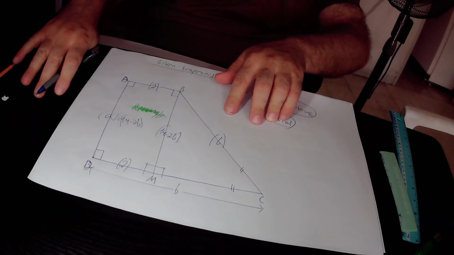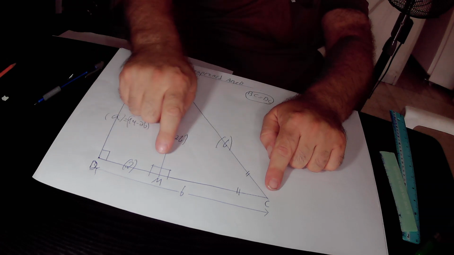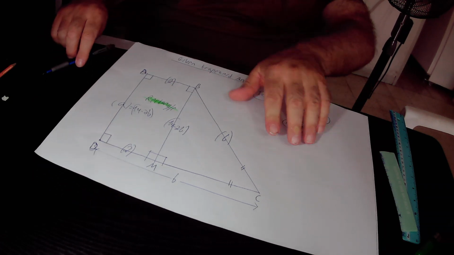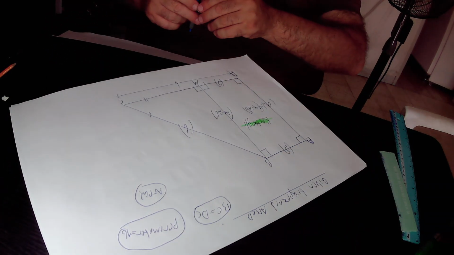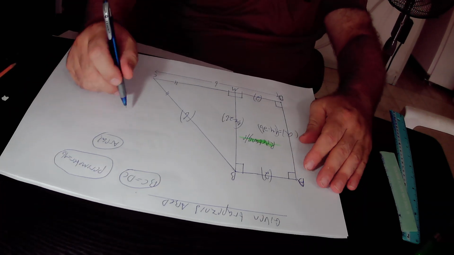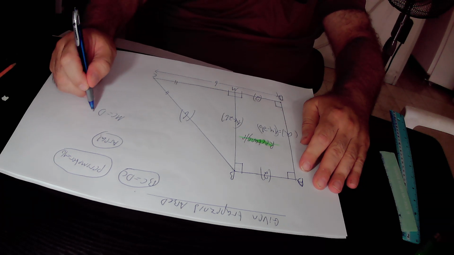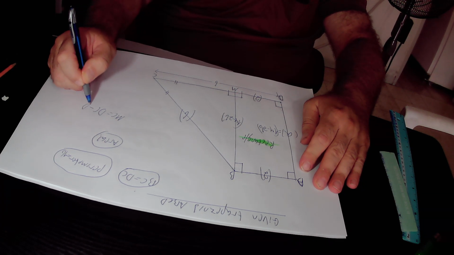What is the length of this missing line segment MC? MC equals DC minus DM. So write it down. MC equals DC minus DM.